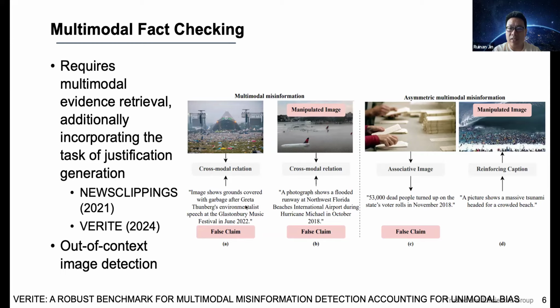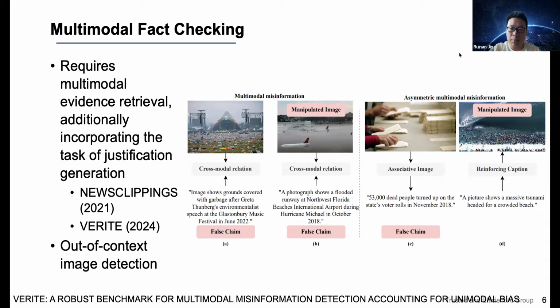And second, they have both the cross-modal relation and manipulated images. For example, here the image itself is manipulated, and the caption describes this image as a photograph showing a flooded runway at Northwest Florida, but this is still a false claim.